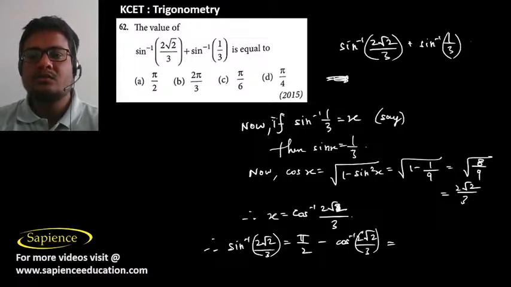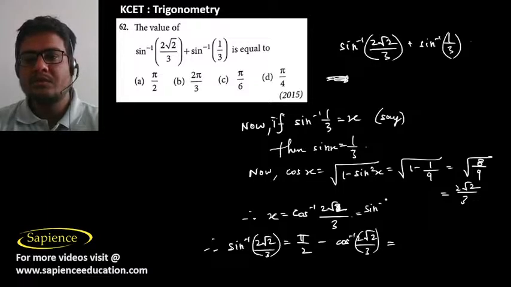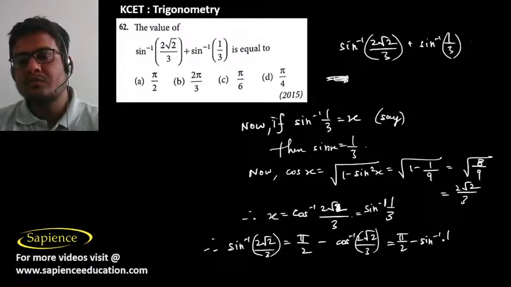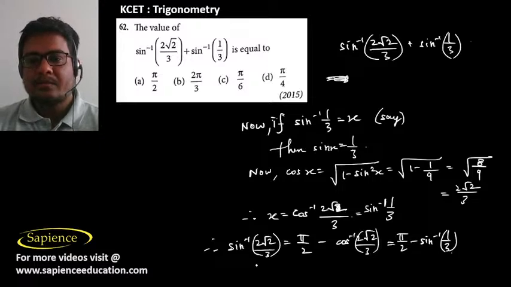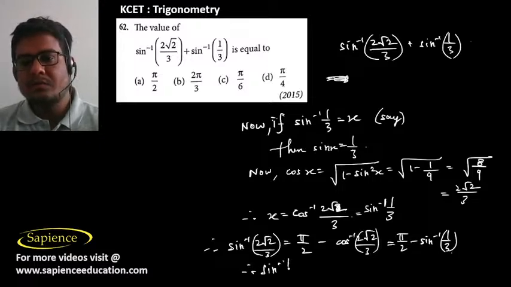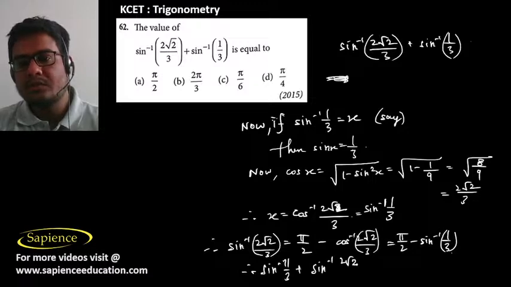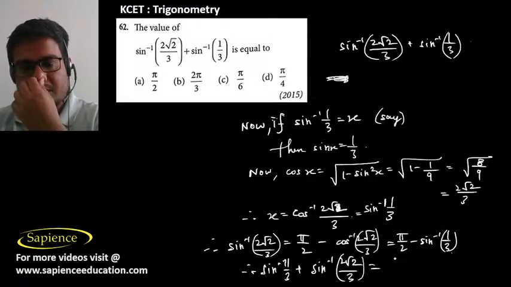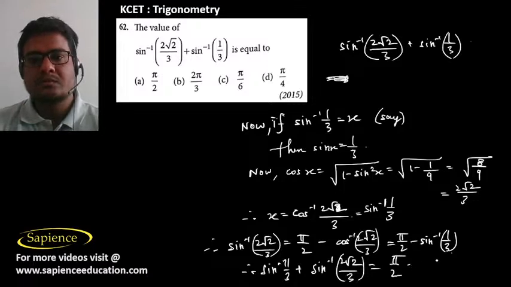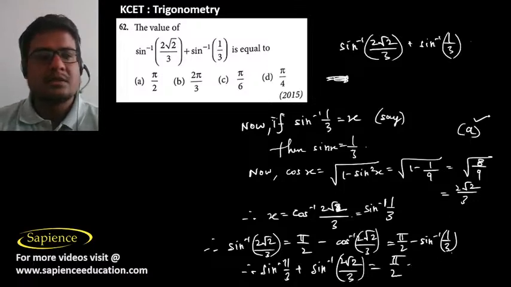Now cos inverse 2 root 2 by 3 is also the same as sine inverse 1 by 3. So this can be written as pi by 2 minus sine inverse of 1 by 3. Therefore sine inverse of 1 by 3 plus sine inverse of 2 root 2 by 3 will be equal to pi by 2. So option A is the correct answer.